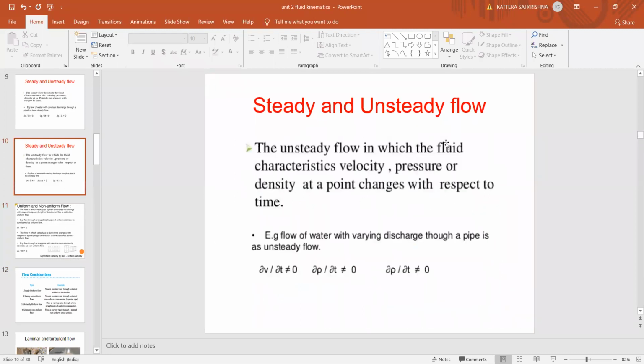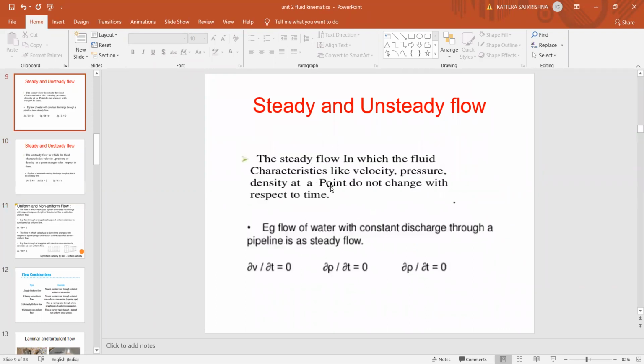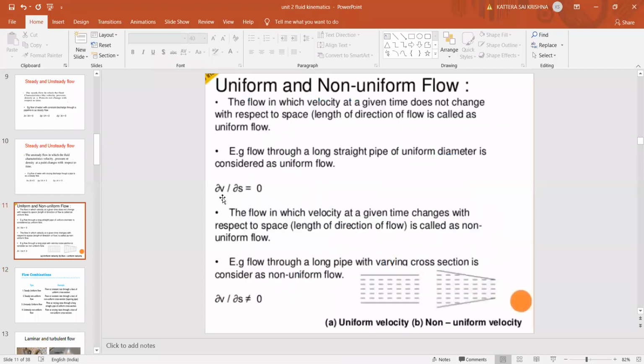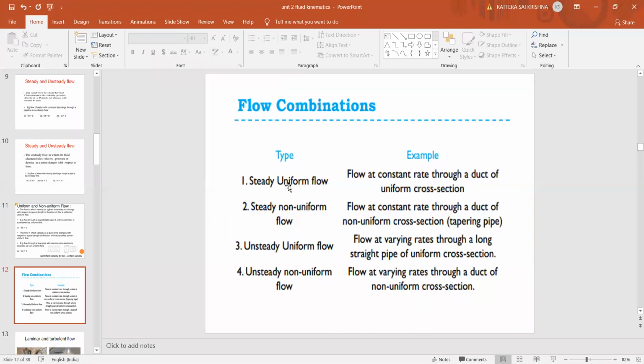Pressure and different characteristics do not change with respect to time. This is steady. Next, uniform flow: velocity doesn't change with respect to space. So the combination gives you steady uniform flow. Flow at constant rate through a duct of uniform cross section.